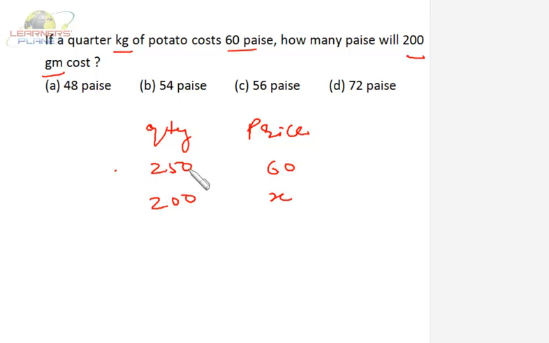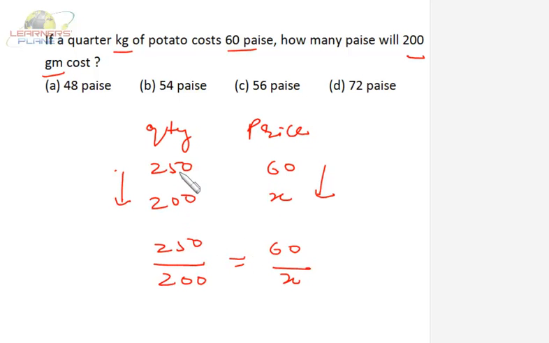Okay, now more quantity, more price, that means these two terms are in direct variation. So we'll be writing like this, 250 by 200, that means we'll be writing in the same direction. 250 by 200 will be equal to 60 by x. If they would have been in inverse variation, we would have written 250 by 200 is equal to x by 60.